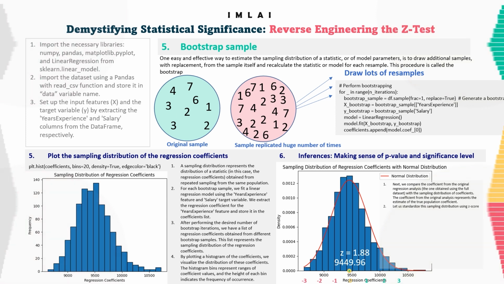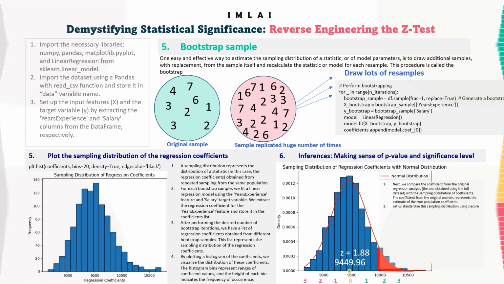We have standardized the sampling distribution using z-score. Exactly, that's what we did. Now we want to go with a significance level of 5%. So when I go with a significance level of 5%, my probability is 5% or 0.05.